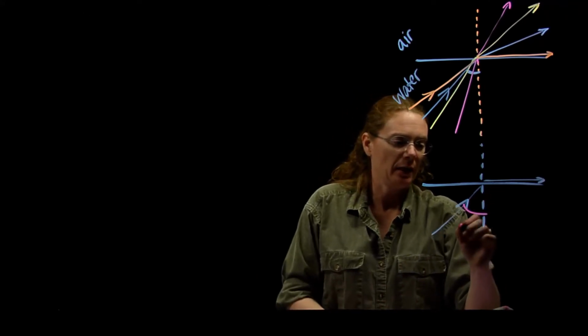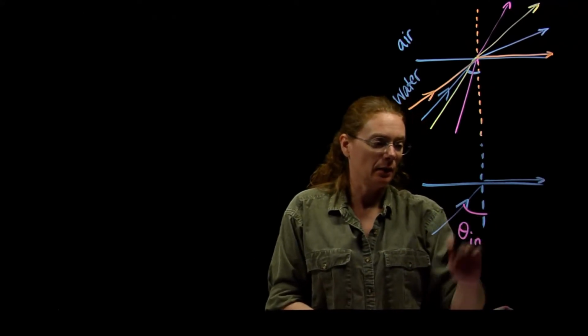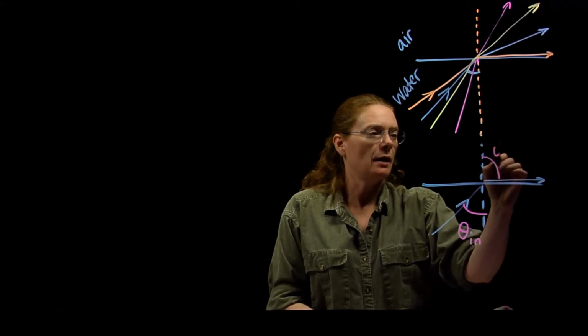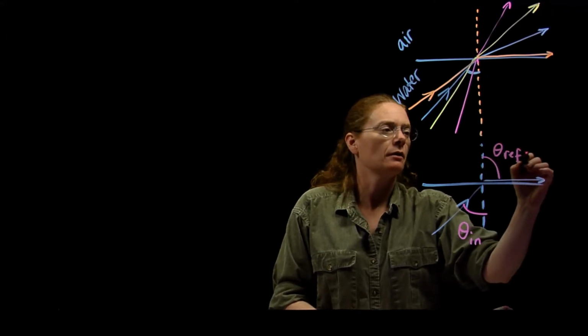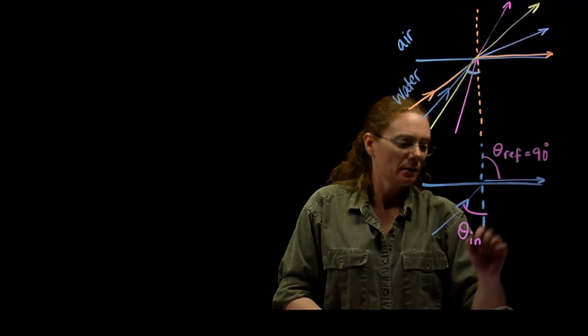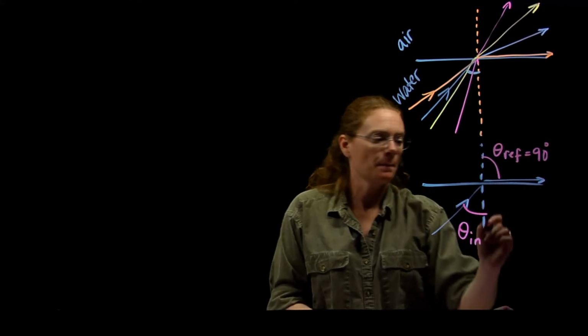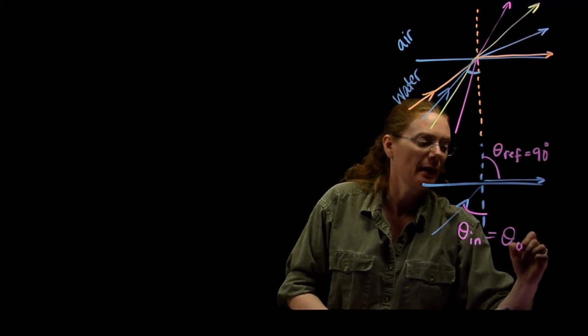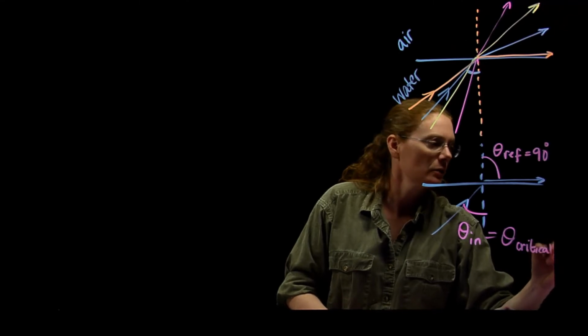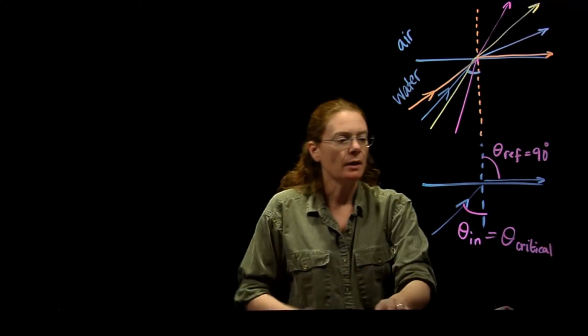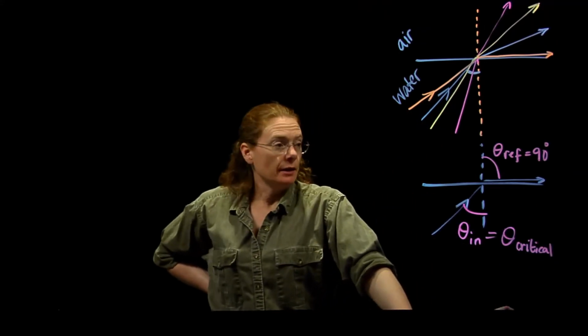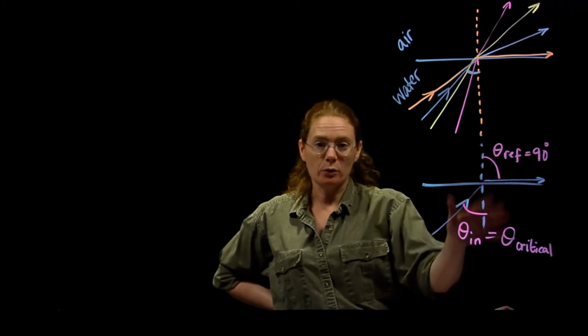So we'd have the angle of incidence, the incoming angle there, and we'd have the angle of refraction at 90 degrees. So when we have this at 90, this one is defined as the critical angle. So it's a special point.